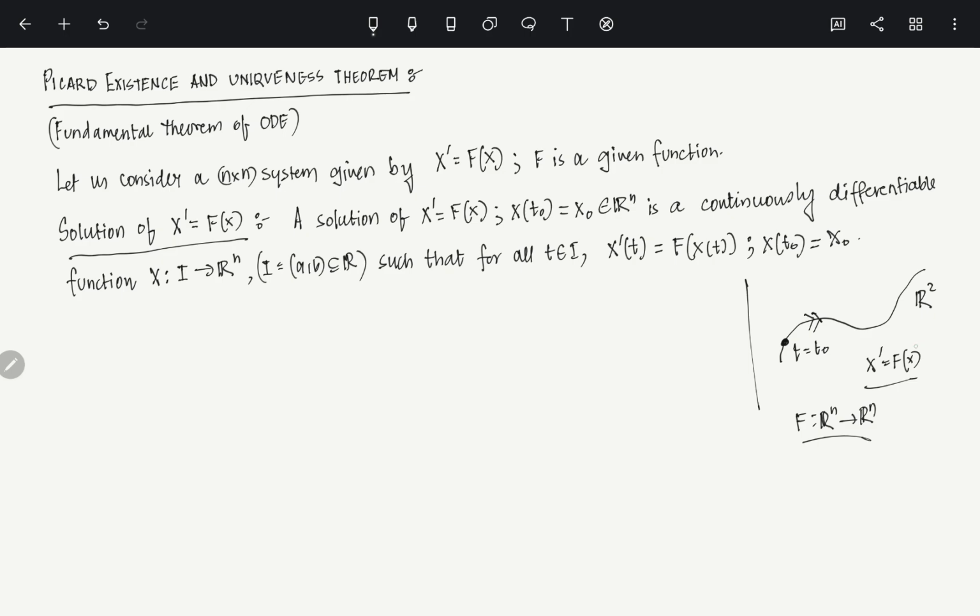It dictates how the particle moves. At every point it gives a specific direction and says you have to move in that direction. So this is the rule according to which the particle moves. And the initial condition x at t naught equals x naught means the particle has to start from this point.